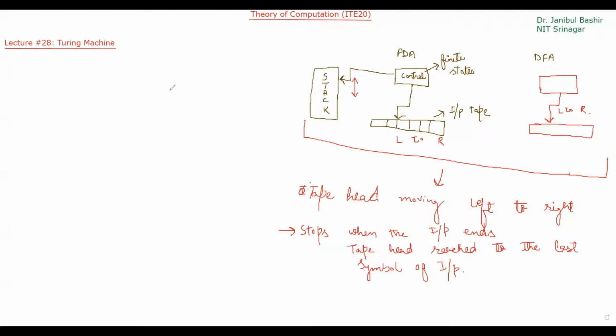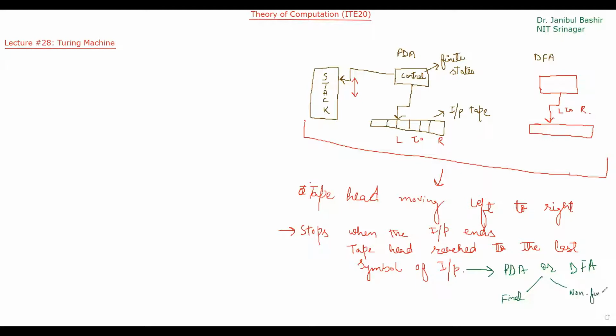Fine. And when it has reached the last symbol of input, or we can say when the tape head stops the processing of input, at that point we were seeing whether this automata, PDA or DFA, is in the final state or in a non-final state.